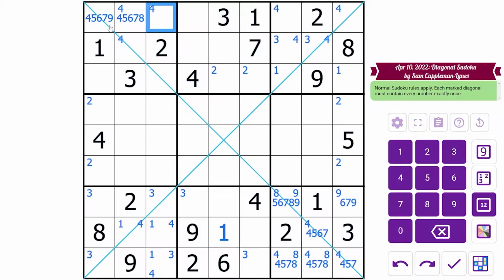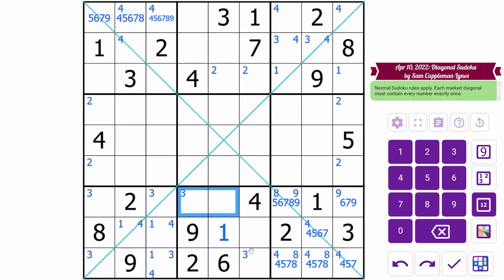And this can't be 4. 4, 5, 6. Yeah, this is interesting. Okay, let's move on to a box with maybe more possible solutions.